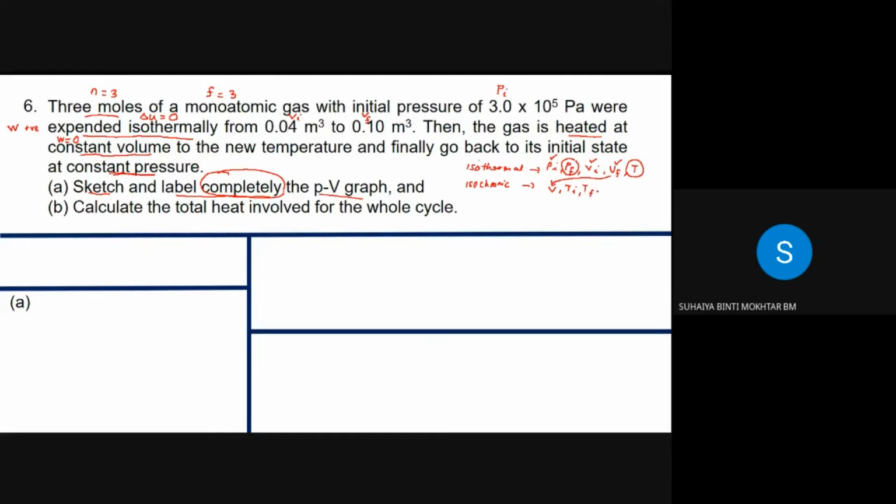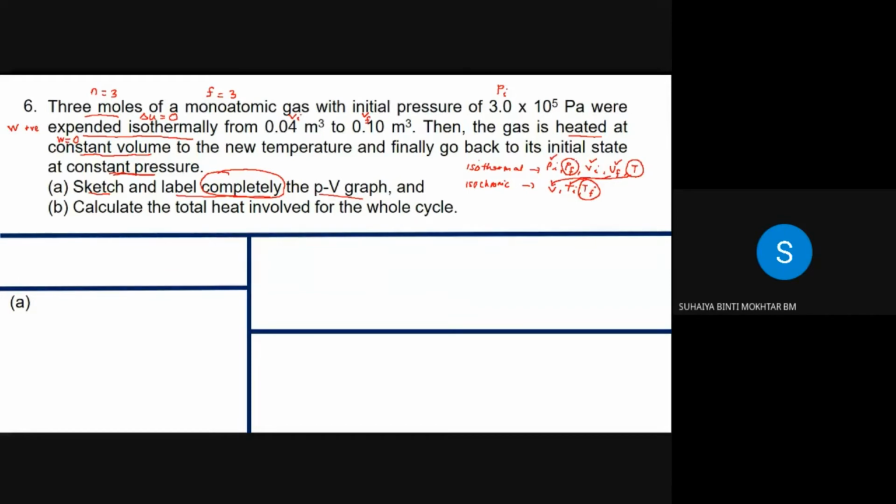Calculate T initial and T final. T initial is the T from isothermal. Then for isochoric, you must determine T final.